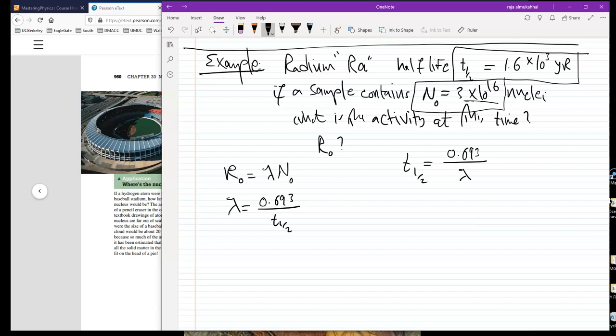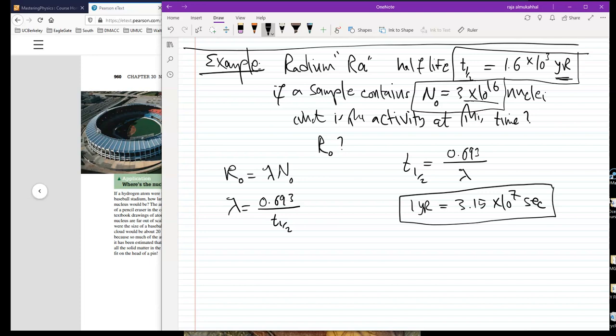Now, this one thing is very important. Always use the half-life in seconds. It's given to us in years, but you have to convert it into seconds. How do I do that? I know that 1 year is equal to 3.15 times 10 to the 7 seconds. You may want to write it down somewhere because it's going to be convenient for you to convert.